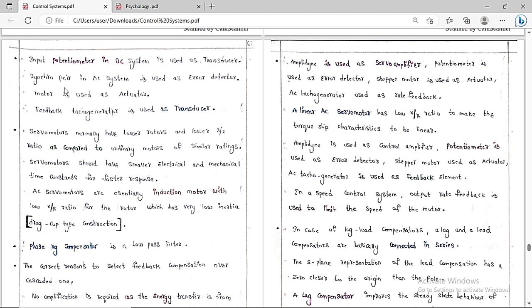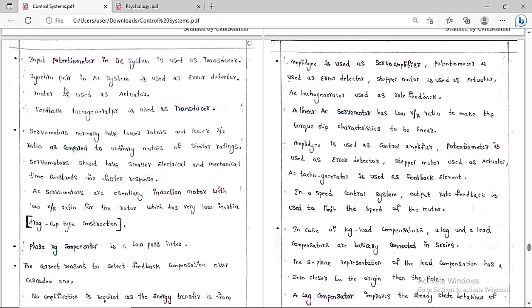So whenever you change any physical parameter to an electrical parameter, that is called a transducer. If you change any mechanical thing to an electrical thing, that is the basic function of the transducer. The input potentiometer in the DC system is used as the transducer because here the input is displacement and the output is electrical voltage. So it is going to act like a transducer.